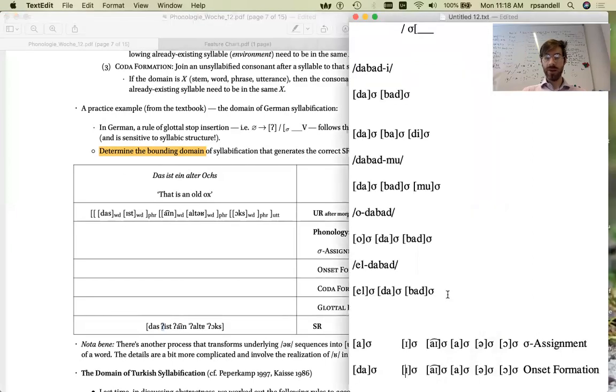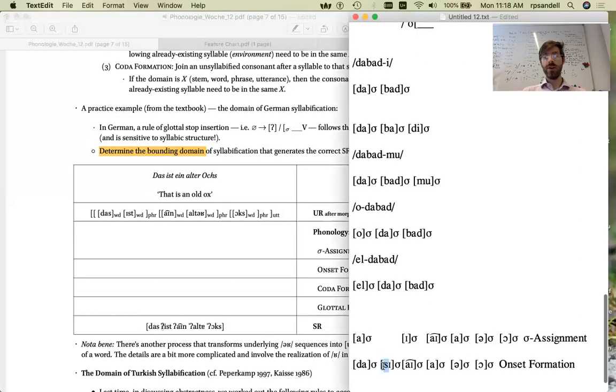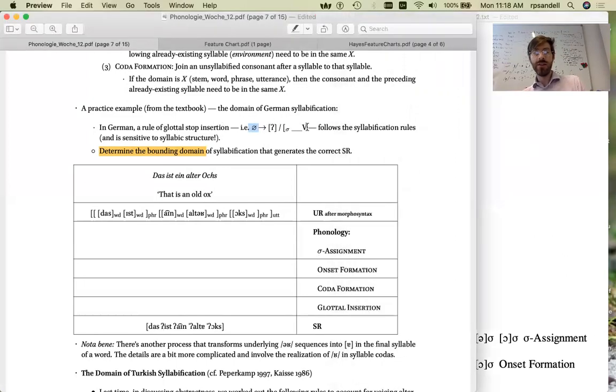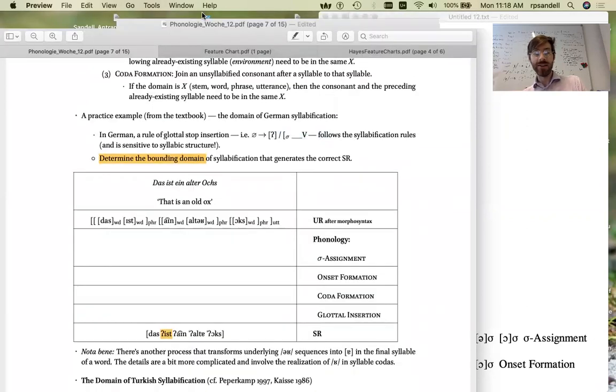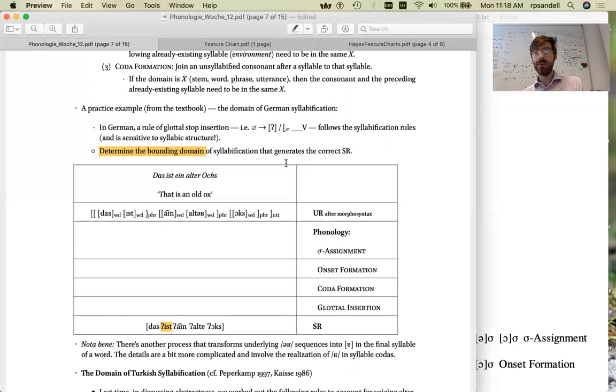Theoretically, it would be possible that this S would be placed into a syllable here to provide an onset. But clearly this hasn't happened, because if there were an S placed in the onset of the syllable built around the vowel I, then glottal stop insertion would not apply in that case. We would instead find something like das ist, rather than das ist with the glottal stop.